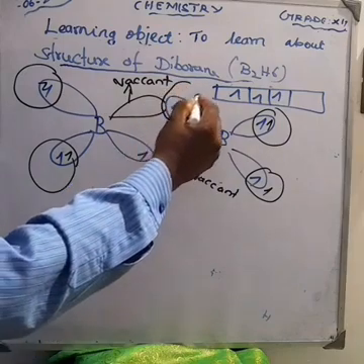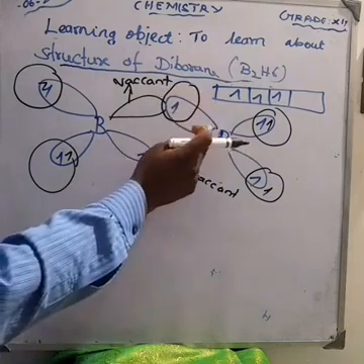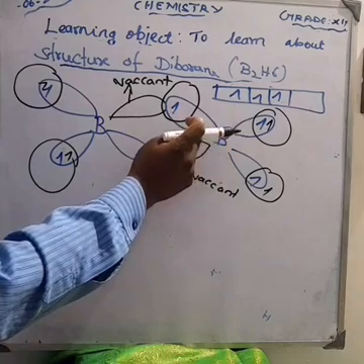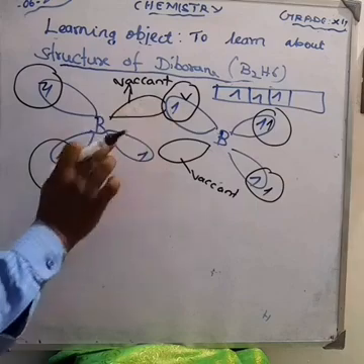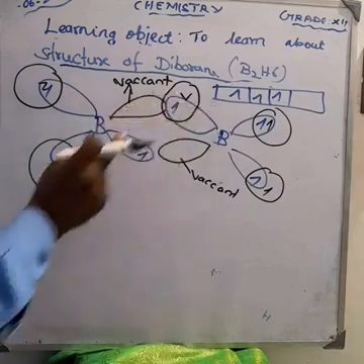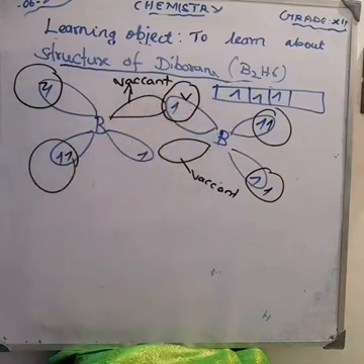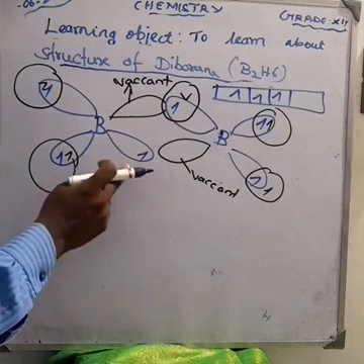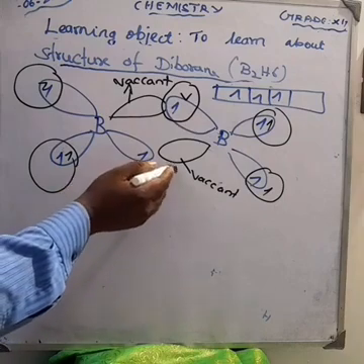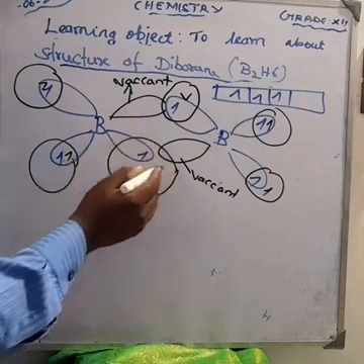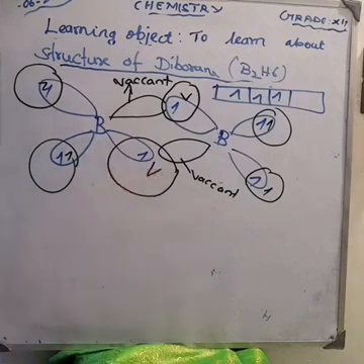So of these 2 hydrogens, one hydrogen bonds with a half-filled orbital of boron, not the empty one. And the other hydrogen also overlaps with the other half-filled orbital of boron.